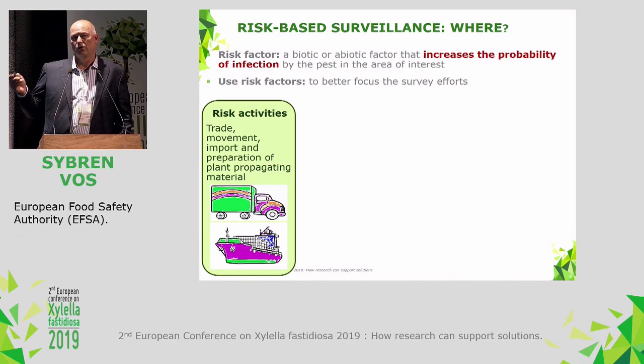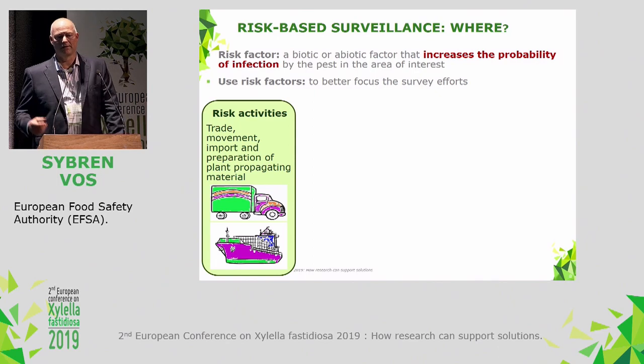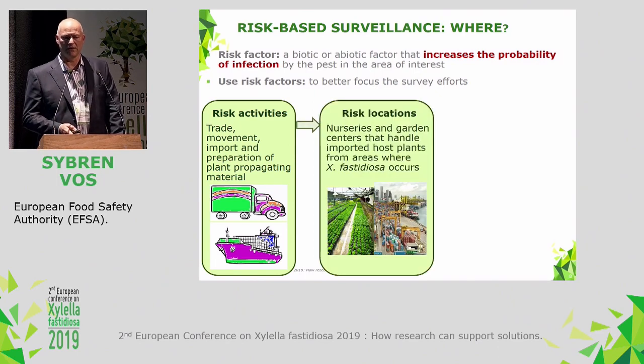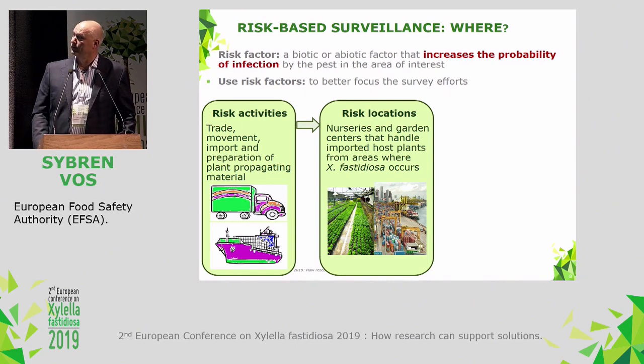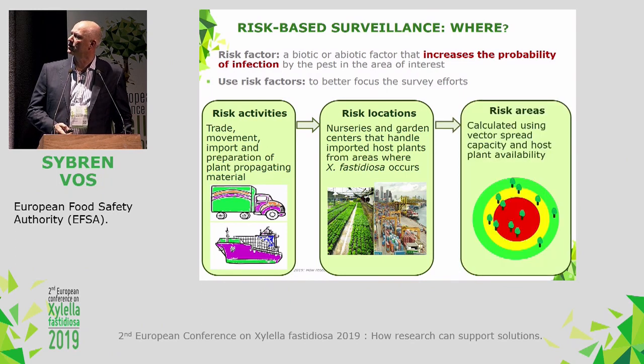From a selection of the higher risk activities, we could then link them to risk locations, where we could be more precise, indicating the areas that really matter for the surveillance of Xylella fastidiosa. Around these risk locations, we could use the information and knowledge we have about the spread to delimit the areas around where we have more chances to find Xylella after it has been introduced.